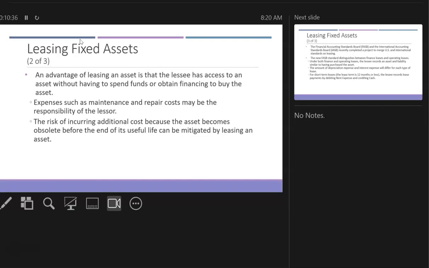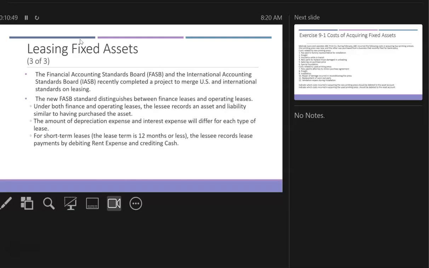So how many of you guys know someone who rents an apartment or rents a home? That is a lease, basically, where they don't own it, but they have use of that property. Okay, there are two types of what we call leasing.